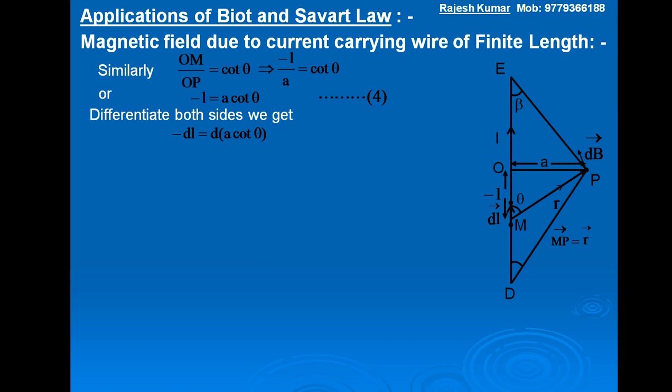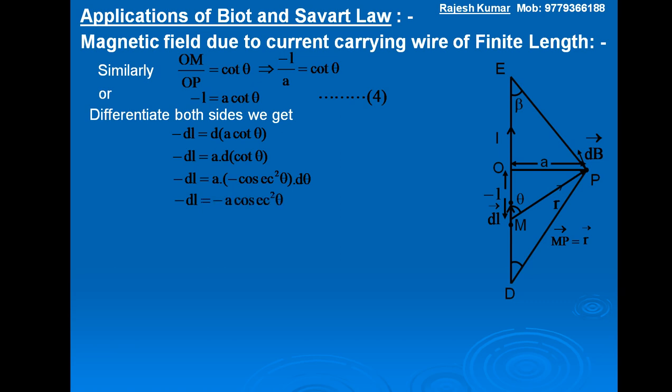Now a is constant, so we can take it out. Therefore, minus dl is equal to a into derivative of cot theta, or minus dl is equal to a into minus cosecant square theta d theta, because the derivative of cot theta is minus cosecant square theta, by the chain rule.